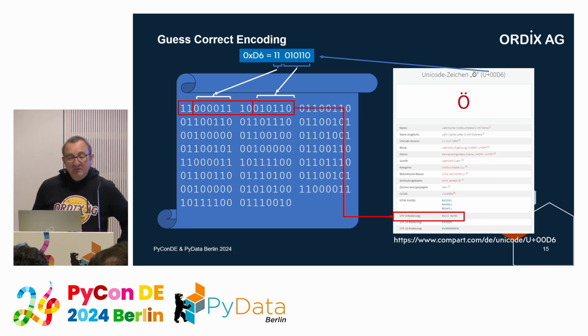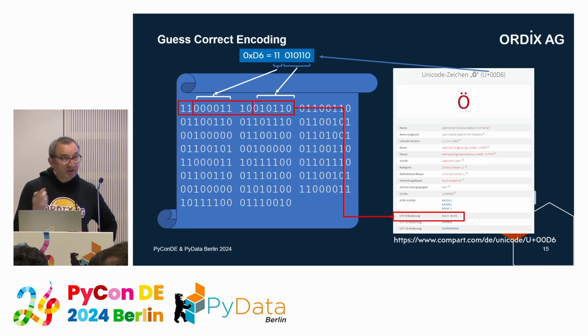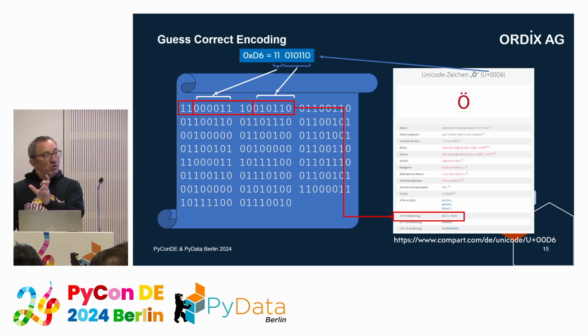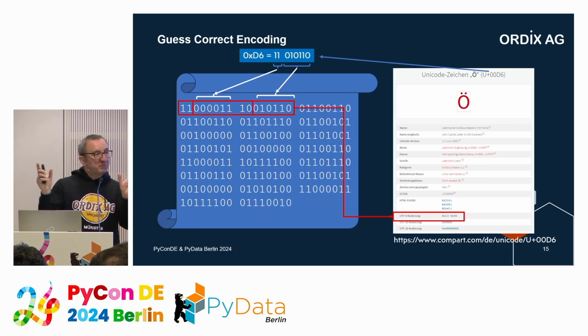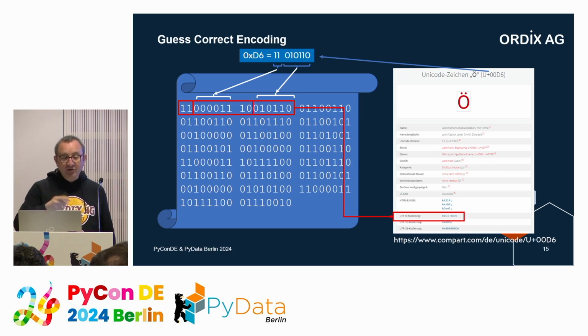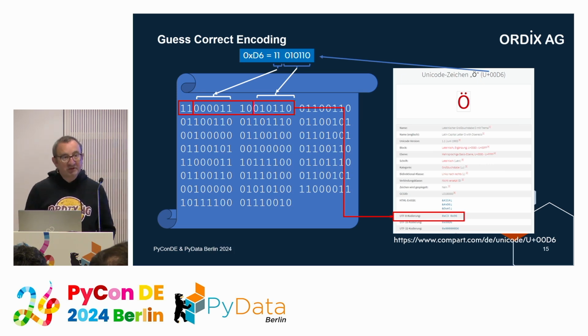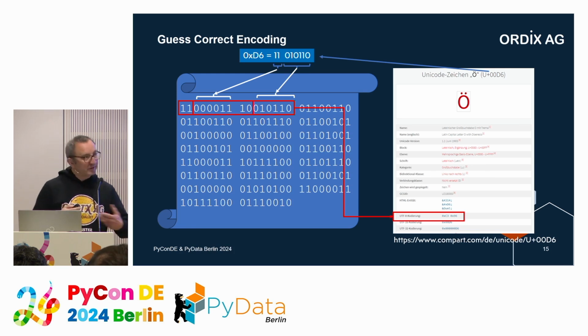And the first 2 bits of the second byte tell us this is a following byte. And if you take all the other bits and put them behind each other and calculate the number, it's D6, and this is the Unicode code point, and now you have the correct Ö, which is the first letter of the message to rescue your friend.